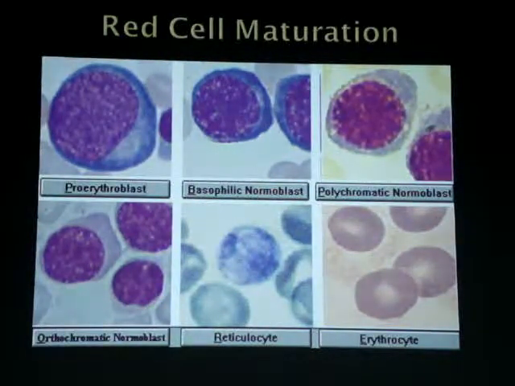Now, what are the morphologic characteristics of the pro-erythroblast? Notice the color of the cytoplasm. It is basophilic, dark blue or dark violet, and it will also have a very large nucleus. What I use in identifying the erythroid series cells is the characteristic of the nucleus.